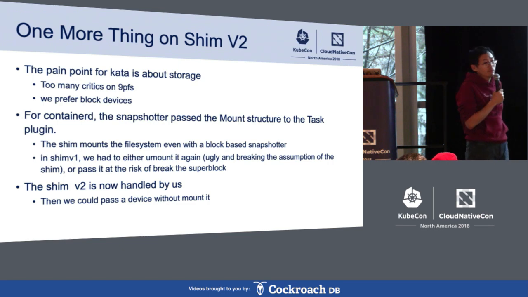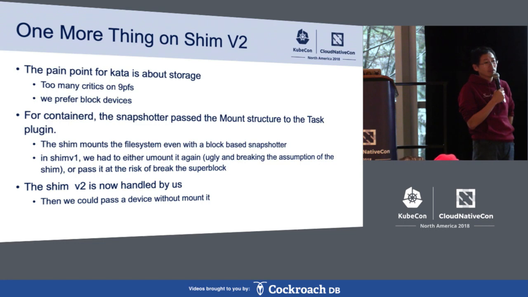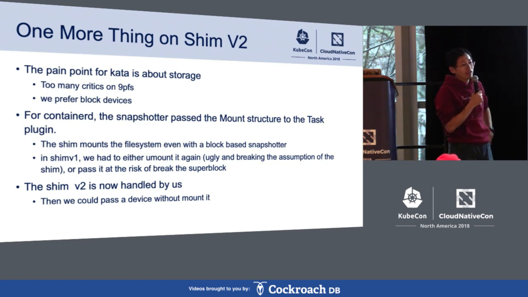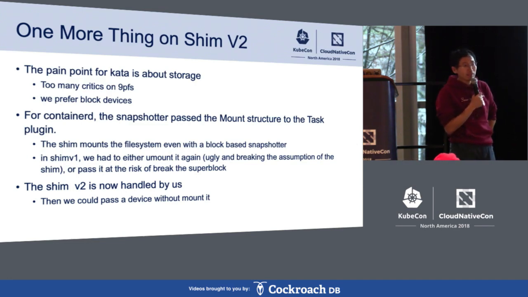And we have to say if you want to put it into production, you have to avoid using 9p for the serious part, especially for storage-oriented applications. It's not only because of the performance, but also the 9p has some problems with POSIX semantic compatibility.